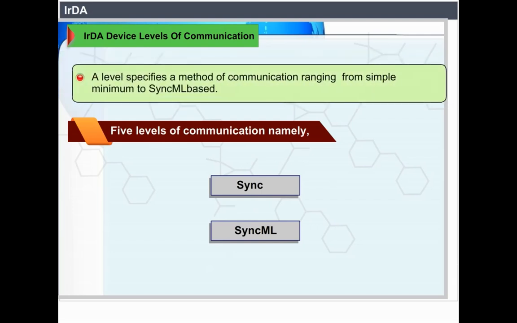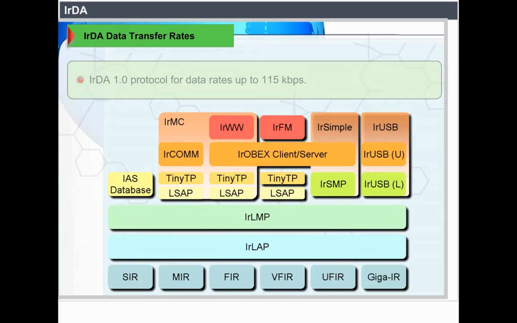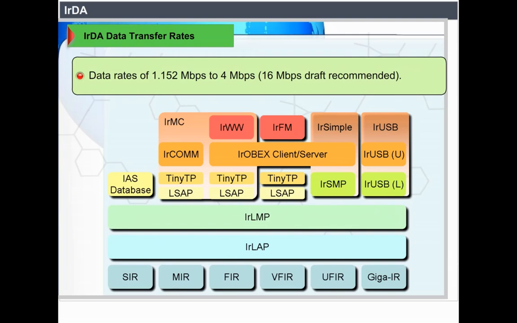A level specifies a method of communication from simple to SyncML based. IrDA data transfer rates. IrDA 1.0 protocol for data rates up to 115 kbps. Data rates of 1.152 Mbps to 4 Mbps, 16 Mbps draft recommended.